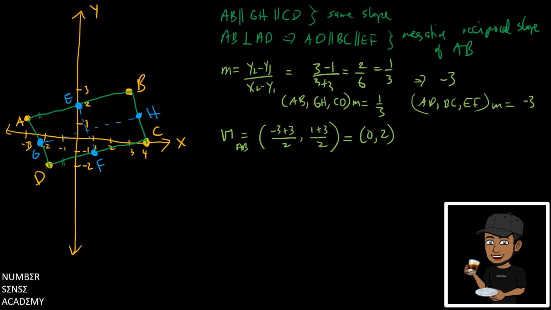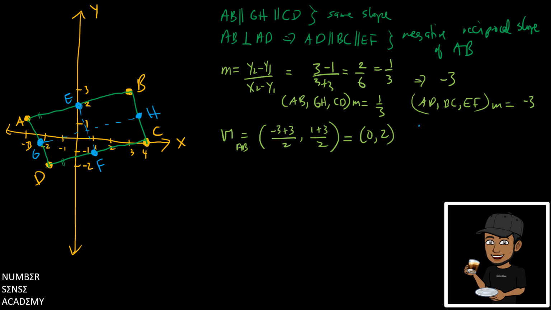With that, I could find the equation of the line for EF. So let's do that, just so I get that out of the way. So the equation for EF is going to be, I'm just going to write it out. So y, I'm finding the equation now.